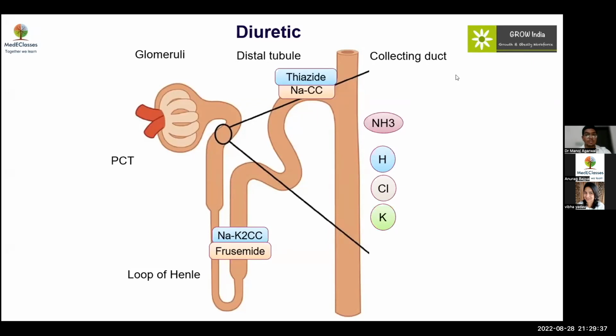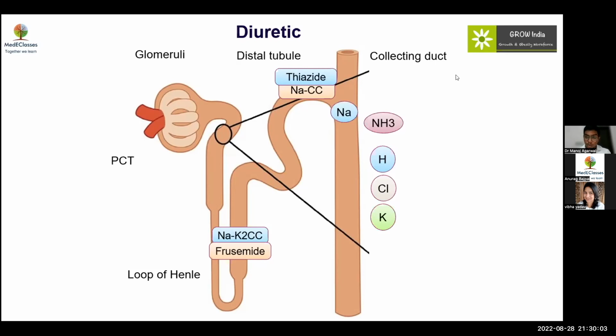One is furosemide, which is the loop diuretic, and the second is the thiazides. Both cause leaking of the sodium and potassium from the body, and it causes hypovolemia. So as discussed earlier, in any cause of hypokalemia, the collecting duct absorbs the sodium and secretes the potassium from the body.